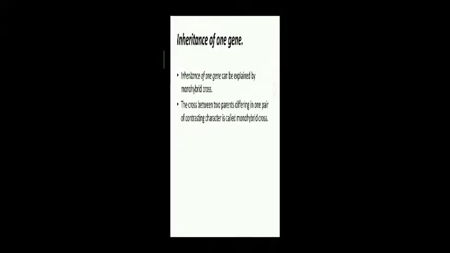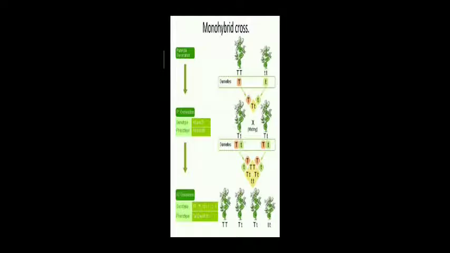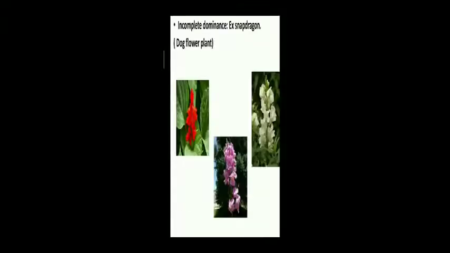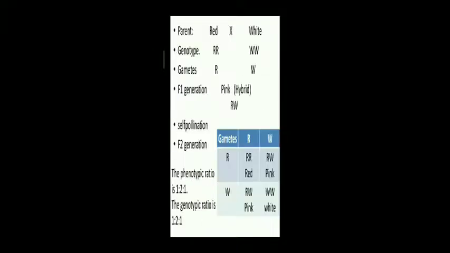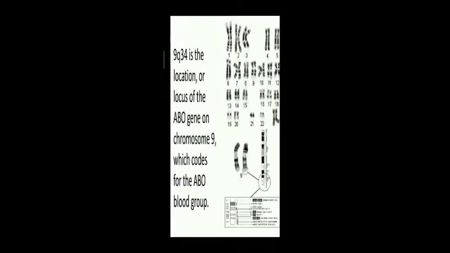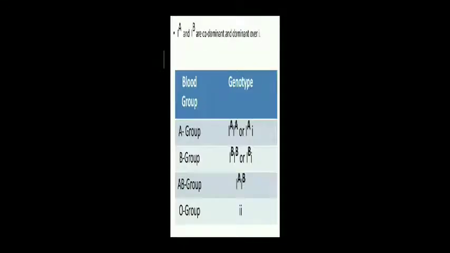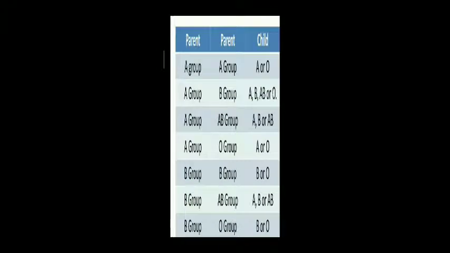Then we have studied about Mendel's law of heredity, monohybrid cross, test cross, then deviations of Mendel's law, that is incomplete dominance. We have studied about codominance, in which we have studied the example of the blood group.